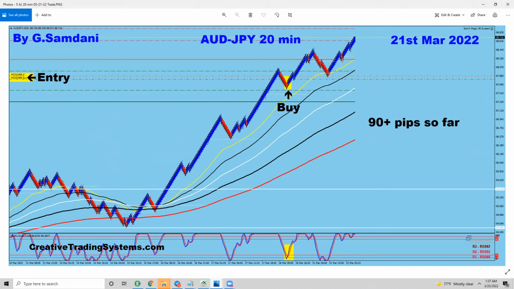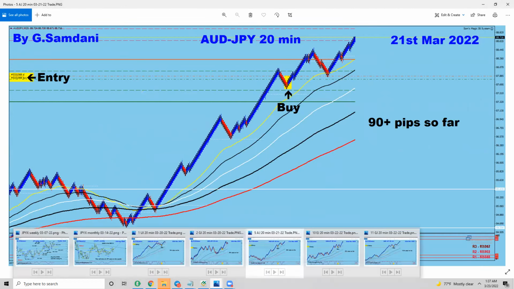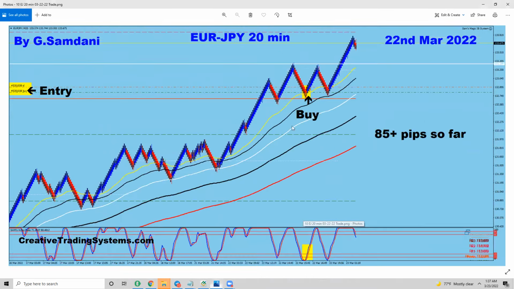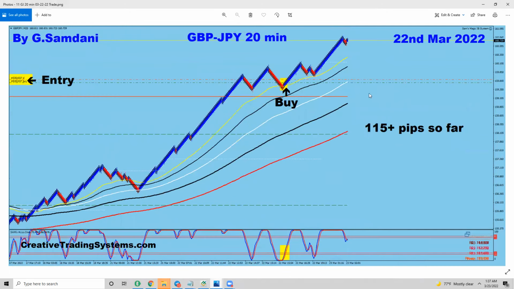Then the 22nd, which is now gone, it's yesterday. Wednesday already started. But on the 22nd March, here's EJ for 85 pip. And then the last but not the least is GJ, pound yen, for 115 pip. These are 5 trades so far.